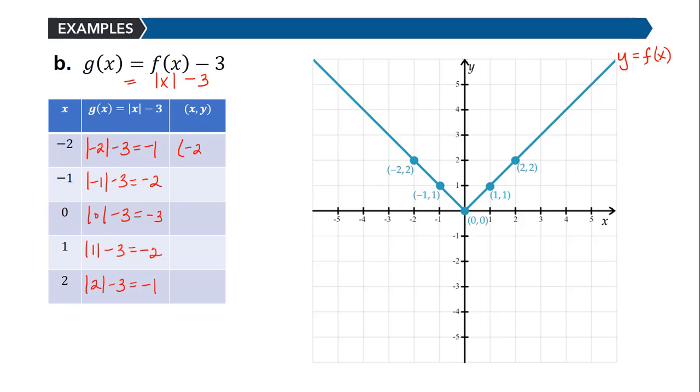So we have the ordered pairs (negative 2, negative 1), (negative 1, negative 2), (0, negative 3), (1, negative 2), and (2, negative 1), which hopefully you had already recognized, by virtue of this type of function, the result of this graph of g is that it's the graph of f shifted down 3 units, which is what we see in our new graph.